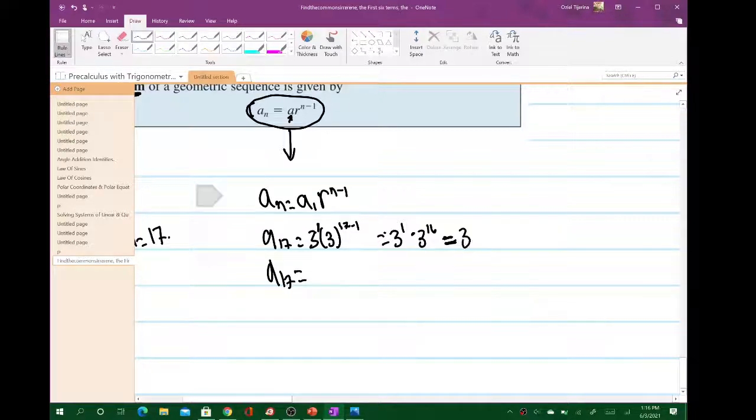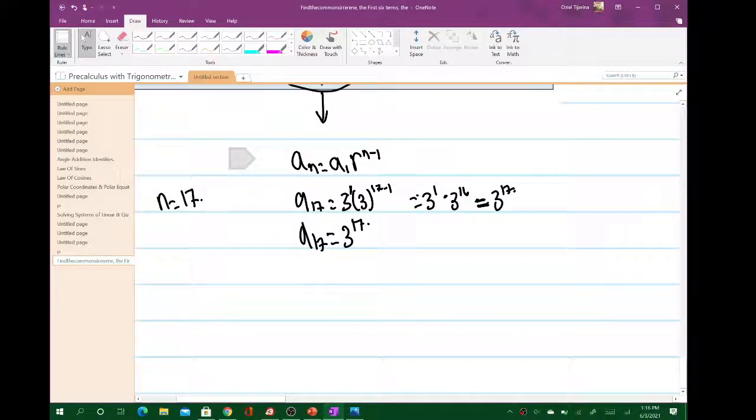So this is just 3 to the 17th, and that is equal to 129,140,163.